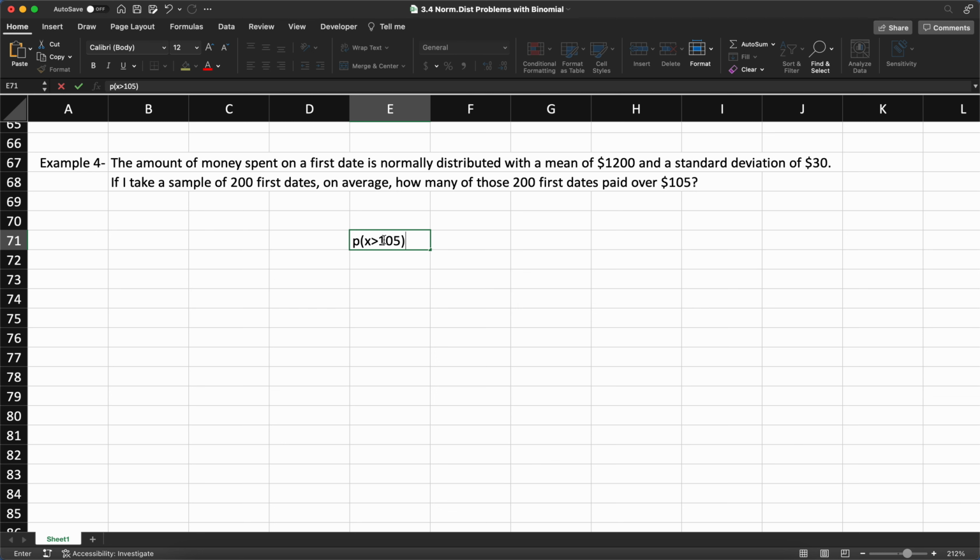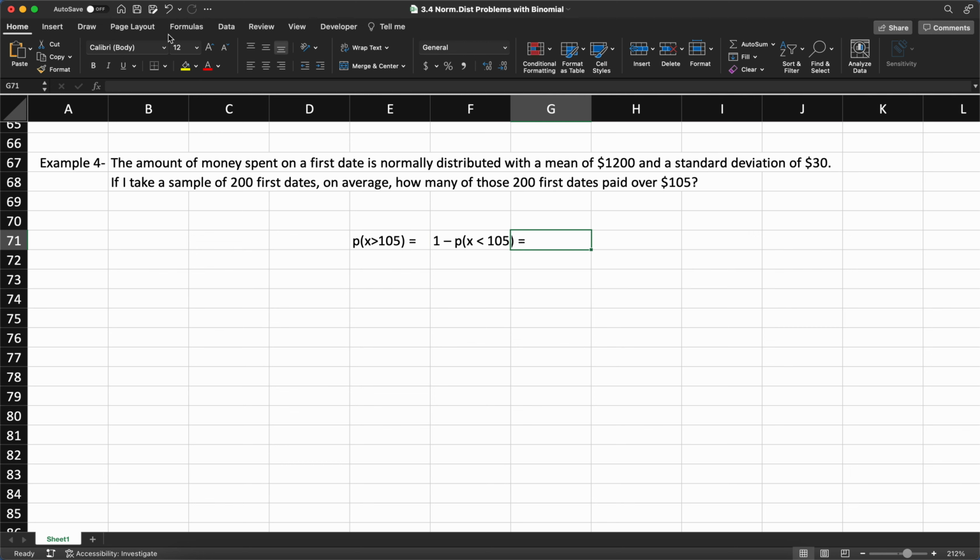So that first part, the probability of paying over $105, I'm going to use my norm.dist function for. And I know that this is the same as finding 1 minus the probability that x is less than 105.